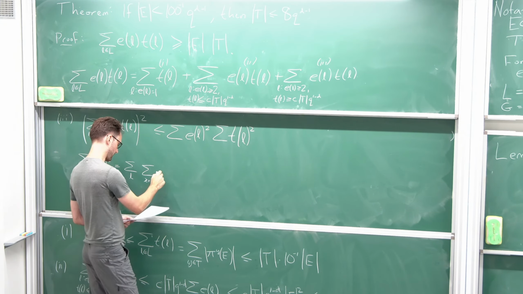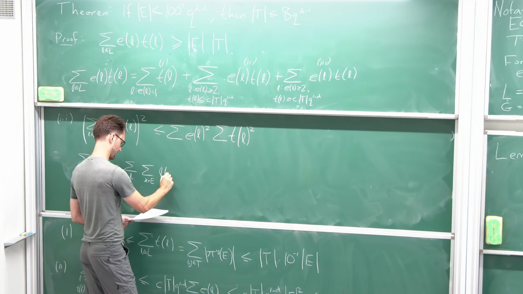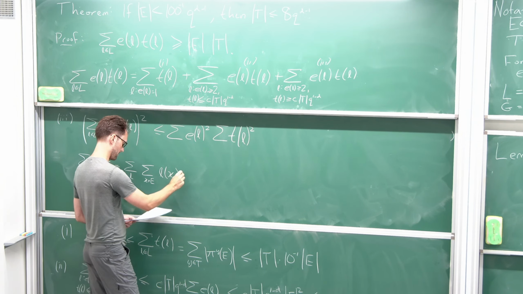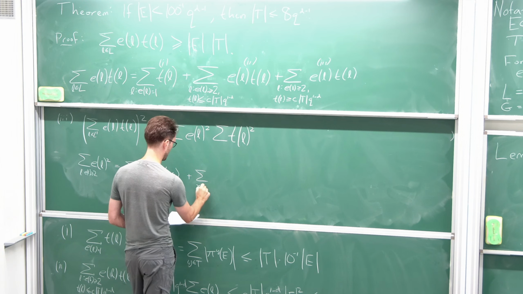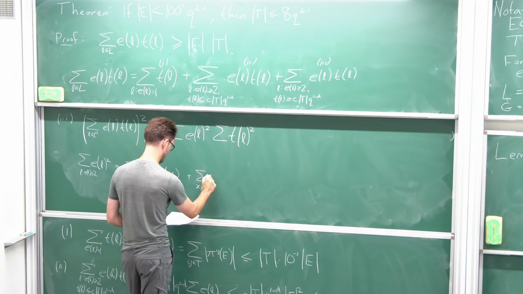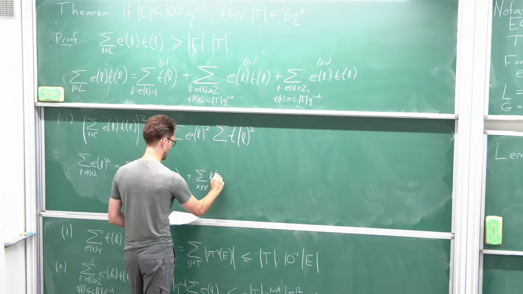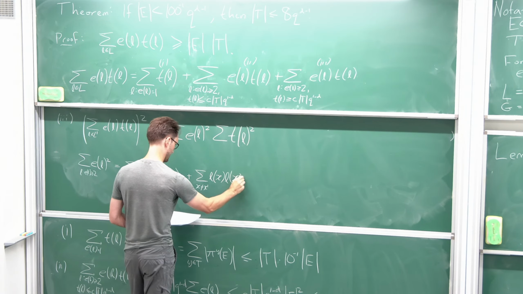So we may have pairs of points that are the same, and we can also have pairs of distinct points. And the point here is that, of course, for distinct points, there's only a single line that contains a pair of distinct points.